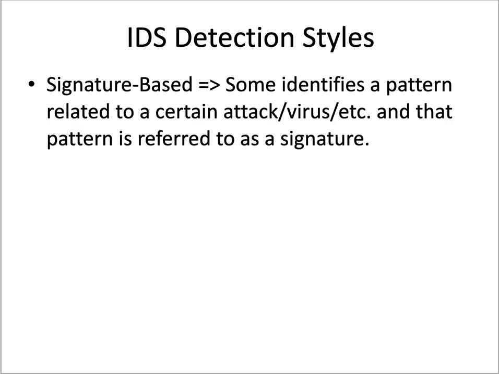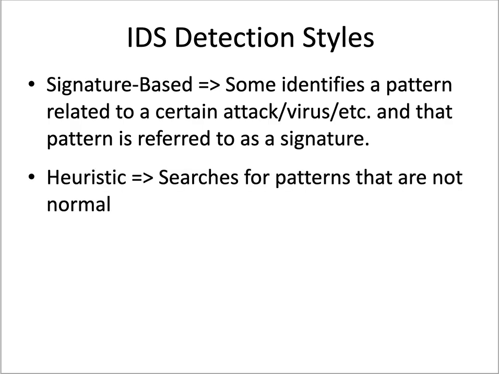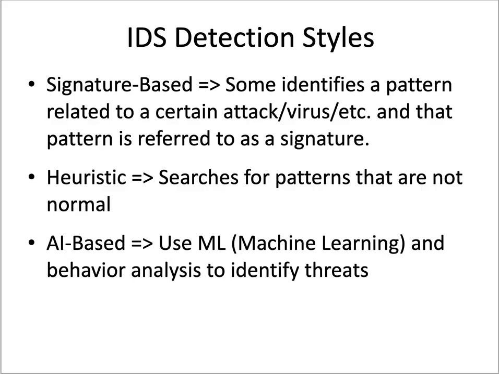This is how a lot of antivirus programs work. Heuristic detection style is searching for patterns or activity that are considered abnormal. And these days we have AI based, which uses machine learning and behavior analysis to try to identify threats.